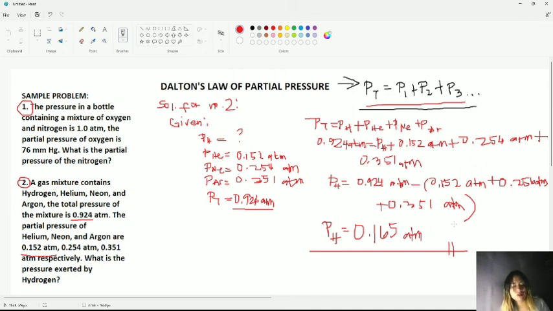Ayan, nakuha ko yung total pressure na 0.924 through adding all the partial pressure values. Pwede mo rin siya gamitan ng shift solve method sa calculator mo if nagmamadali ka na isolve yung problem. So, yan yung formula. Total pressure is equal to P sub 1 plus P sub 2 plus P sub 3 and so on. This is the formula for Dalton's law of partial pressure. So, na-answer na natin yung problem number 2.